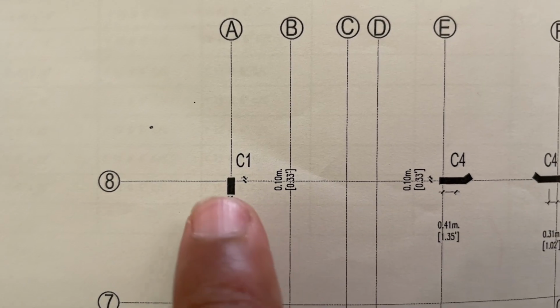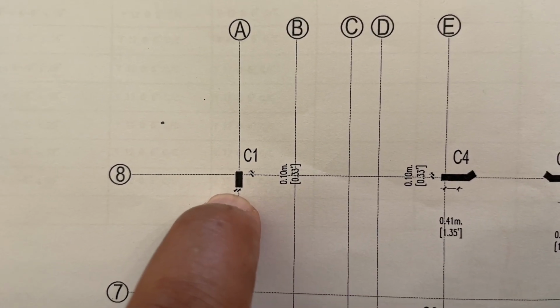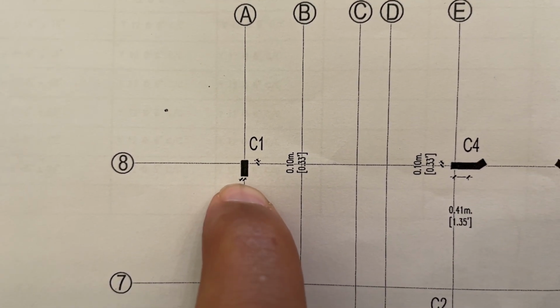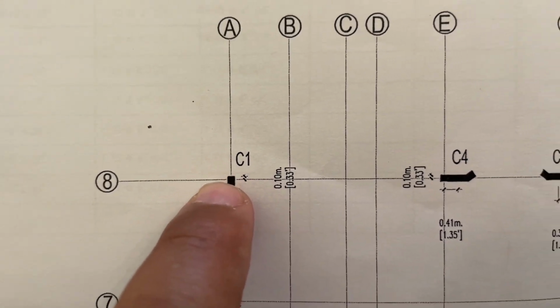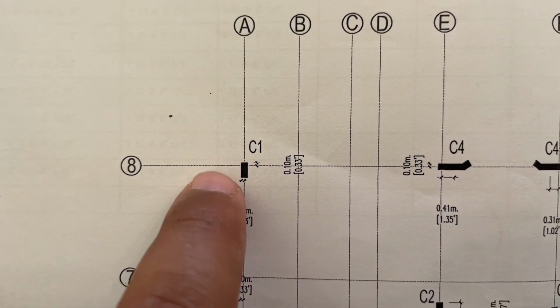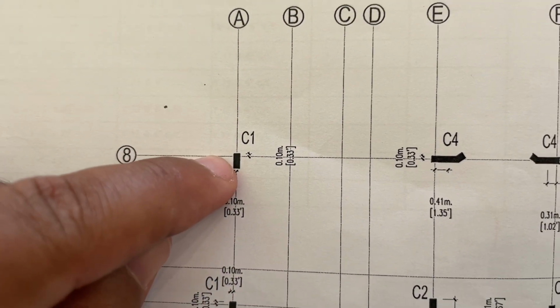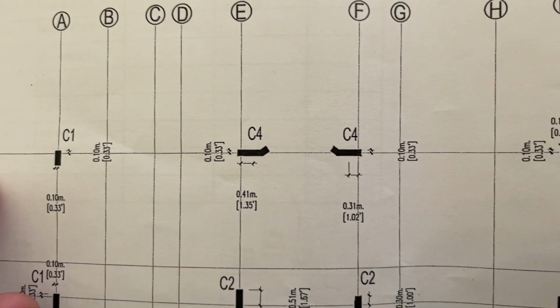First you will install your grids, then after that you will take a 10 centimeter offset here, 10 centimeter offset here, and also here we will take 10 centi. After that, what is the cross section detail? Maybe this C1 is 60 centi, so you can come 50 centi from this grid 8.